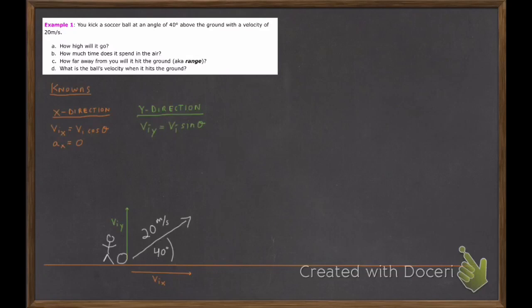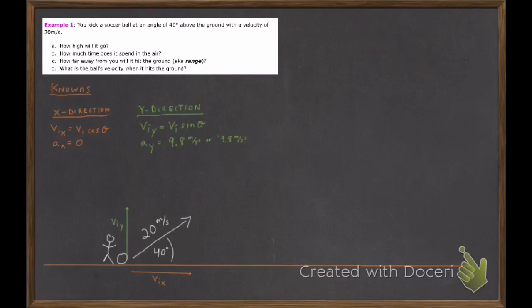Beautiful. What's our acceleration in the y direction? Well, our acceleration is equal to 9.8 meters per second squared, or negative 9.8 meters per second squared.